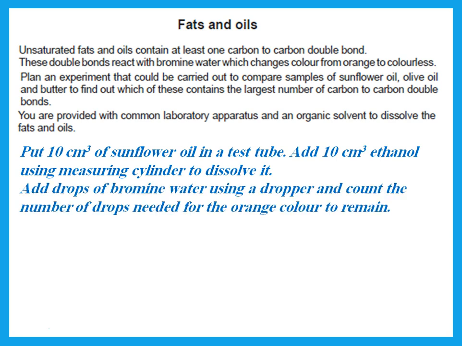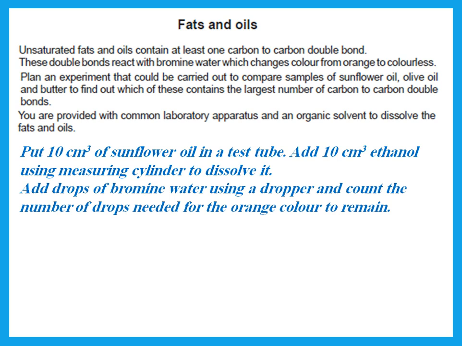And then we start adding drops of bromine water using a dropper. Count the number of drops needed for the orange color to remain. Remember that the bromine water that I'm adding is originally orange. Now, as I add it to the oil, it will react with the double bond and become colorless. And then I add some more and it becomes colorless.